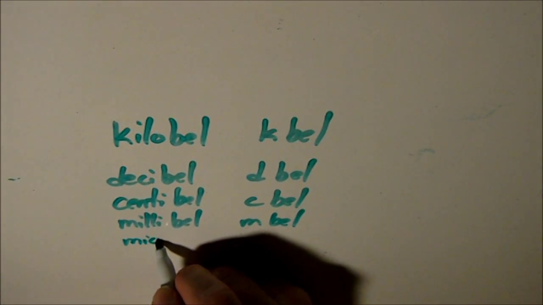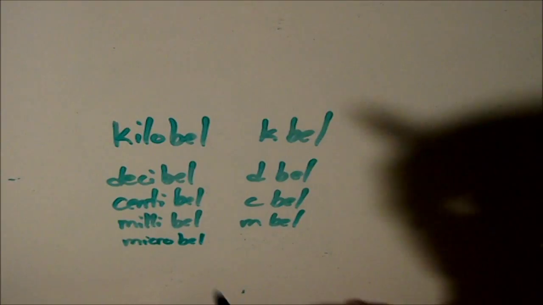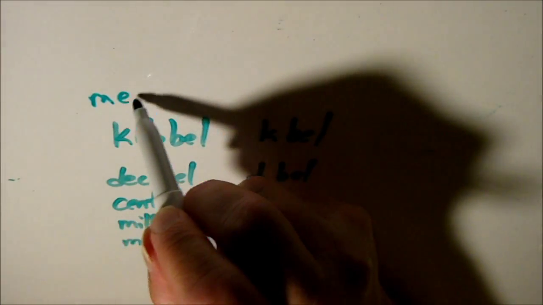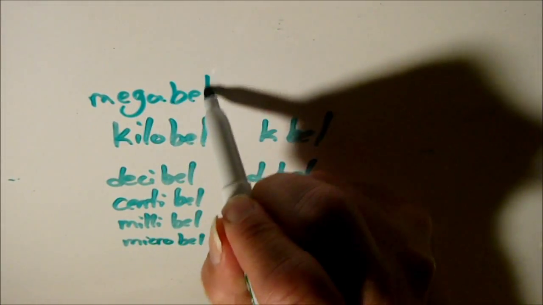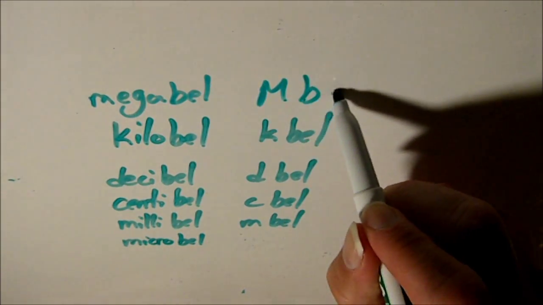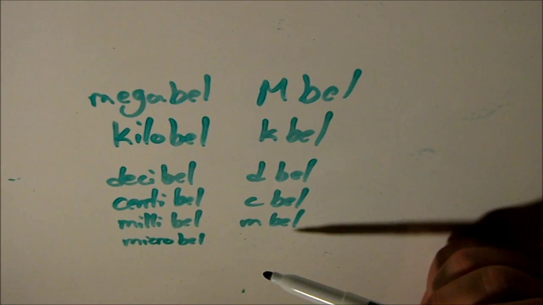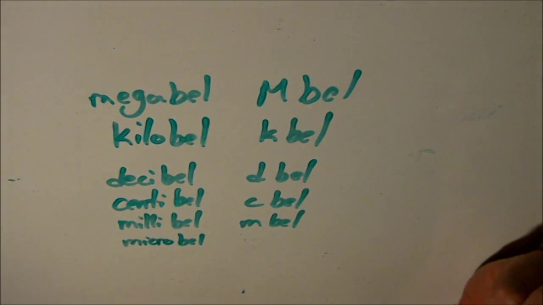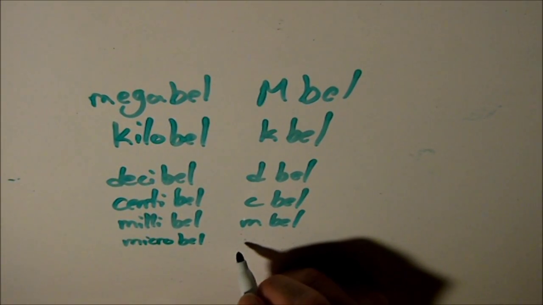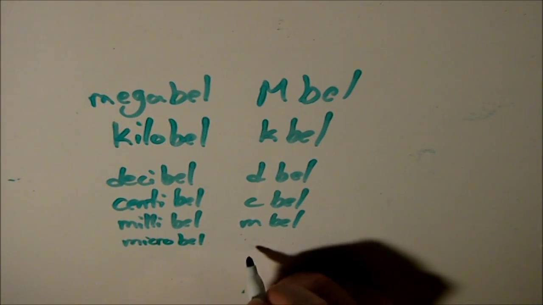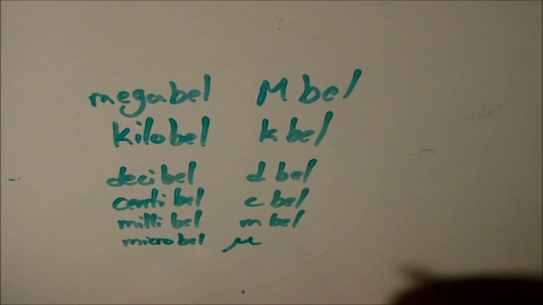Now for micro, we do have a problem. Because megabell uses the capital M, we have already used the capital M and the little m, so we run out of m's. So what we do is use a Greek letter, which is like this.